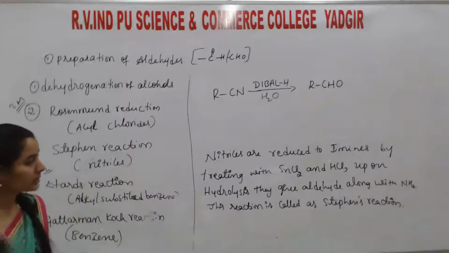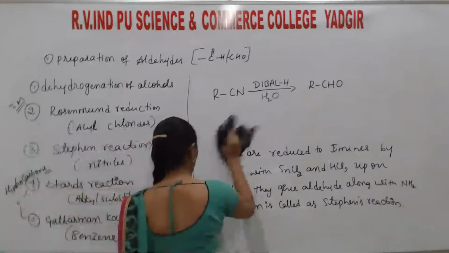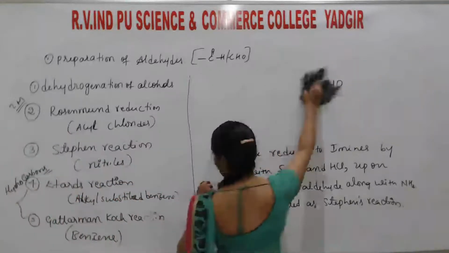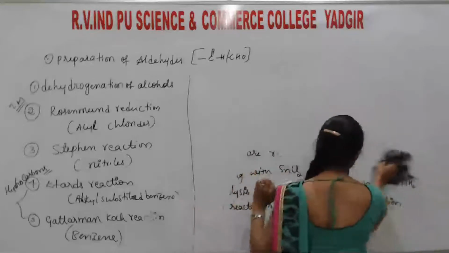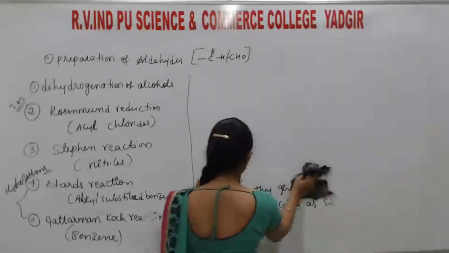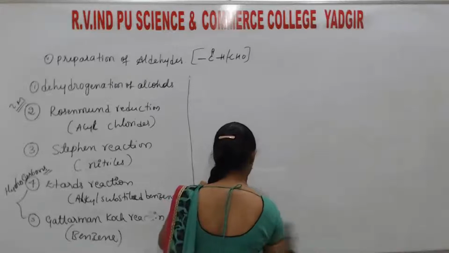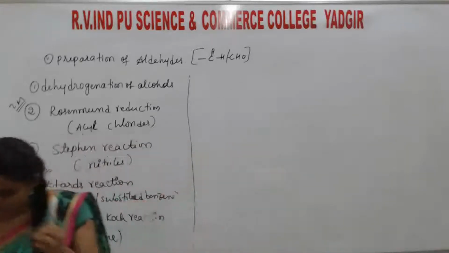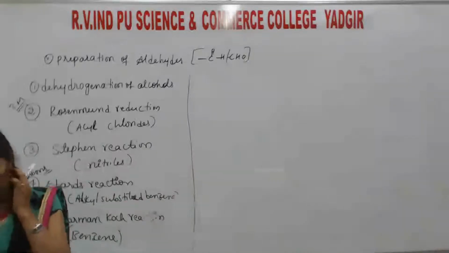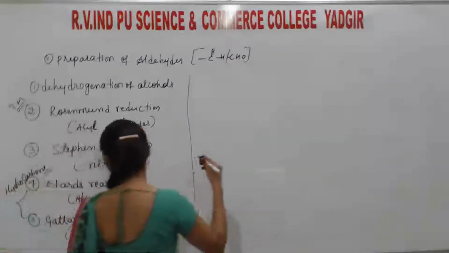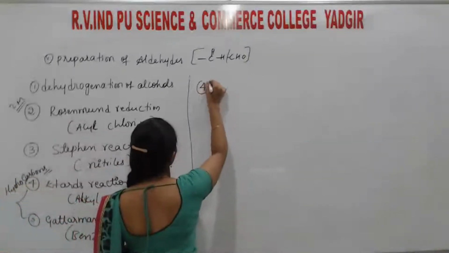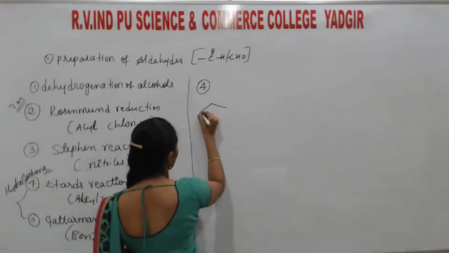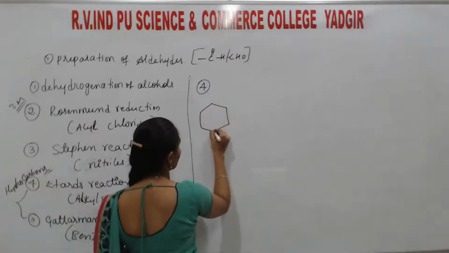Okay, the third reaction, as well as the fourth reaction. So listen here, this ketone reaction is the fourth one. Here the reagent is methyl substituted benzene.